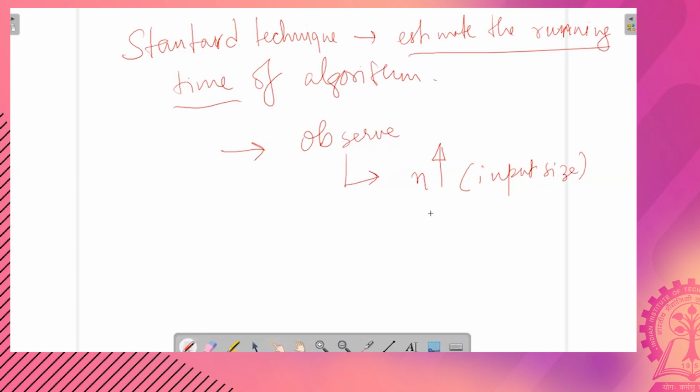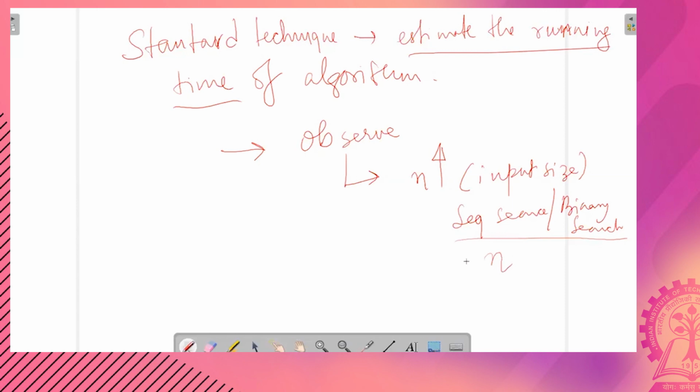If you recall the example of sequential search versus binary search, in both cases the number of comparisons with X depended upon the input size n.